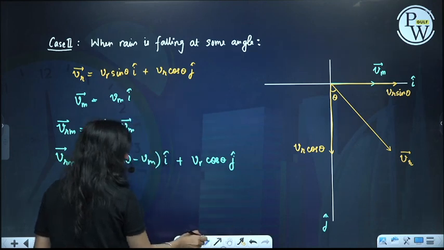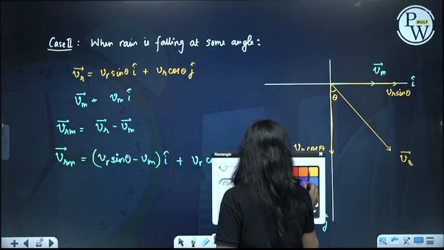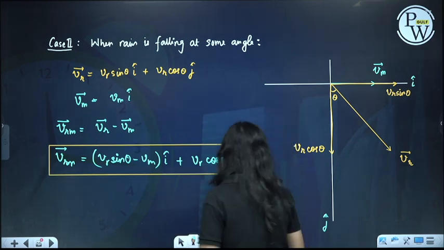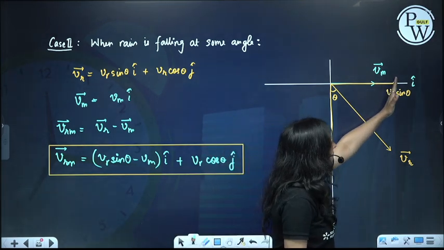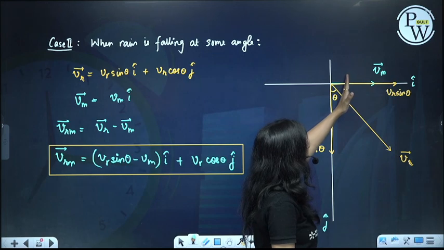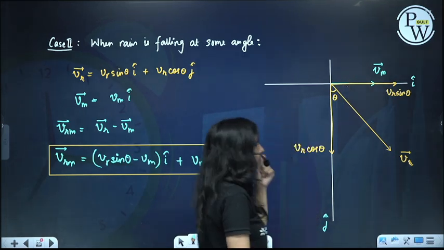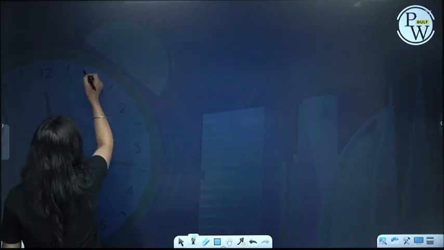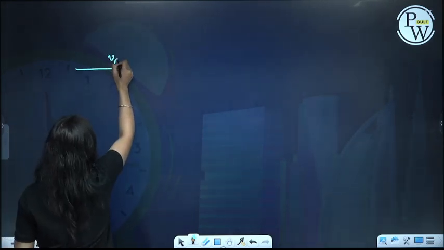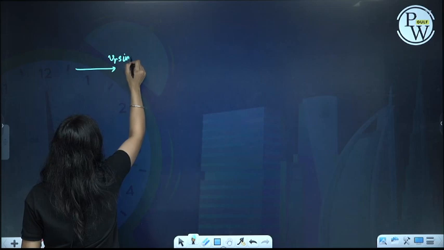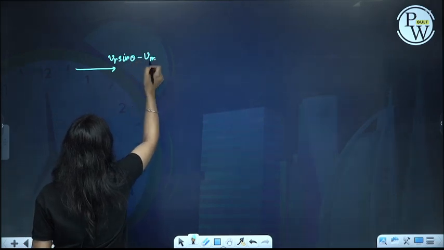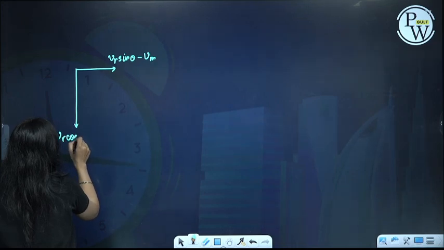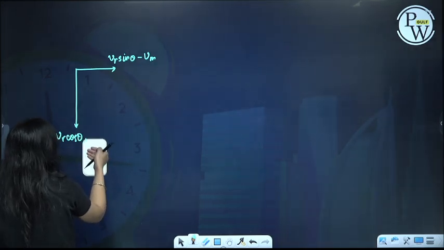So the component is (Vr sin theta minus Vm) in i cap and Vr cos theta in j cap.